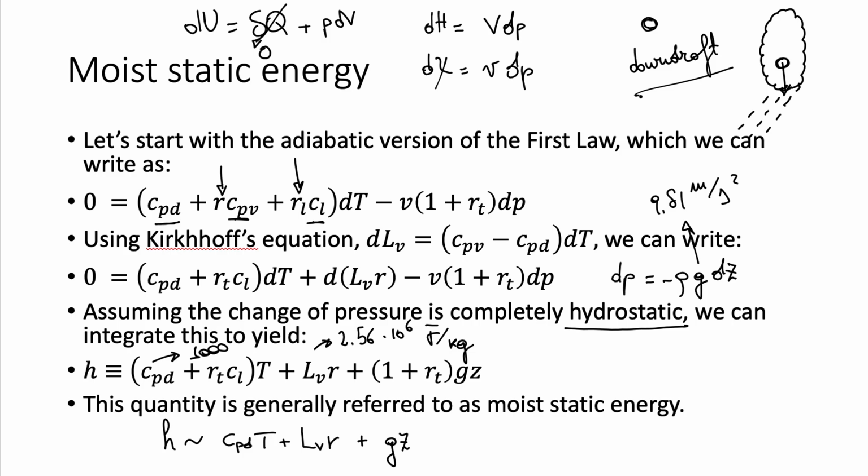Well, one way to determine that is that if you're going down in a downdraft, this is an adiabatic process because there's no exchange. Nothing else is going on. It's not like the parcel is condensing and losing mass. The hydrostatic approximation is typically a good enough approximation.